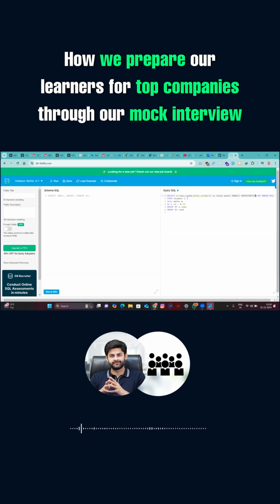We don't need a partition by here, because we don't need to group by any particular level. We need to group by on the name, and we can use order by on the sum of marks, on the basis of which we are giving rank.